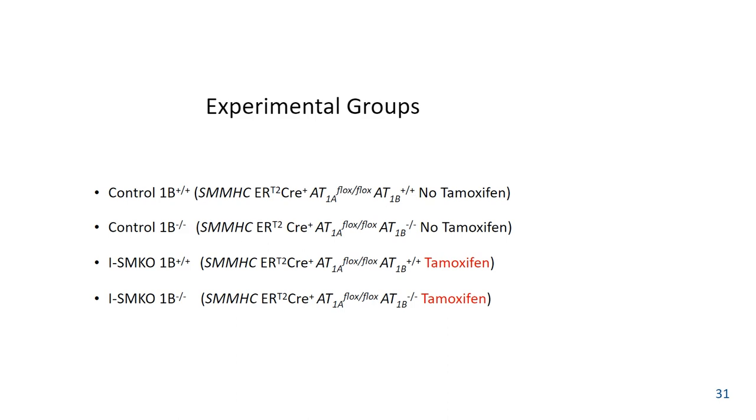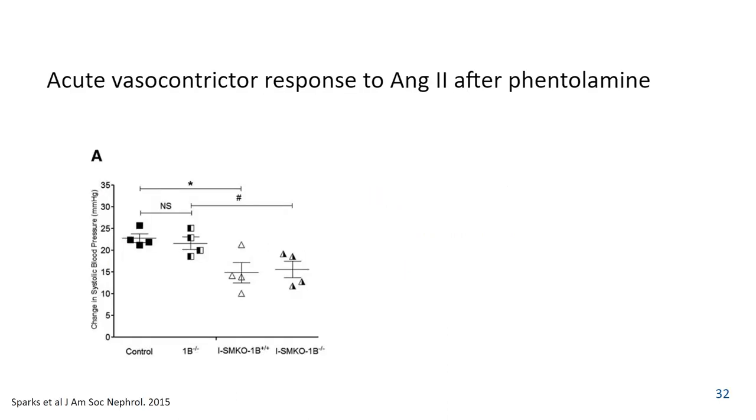Let's put those through our experimental protocol. The first is our acute vasoconstrictor protocol. These are the mice: the control, the 1B knockout control, the inducible with 1B, and the inducible without.